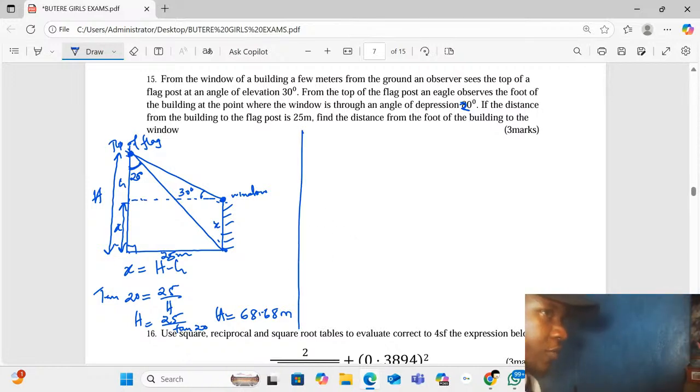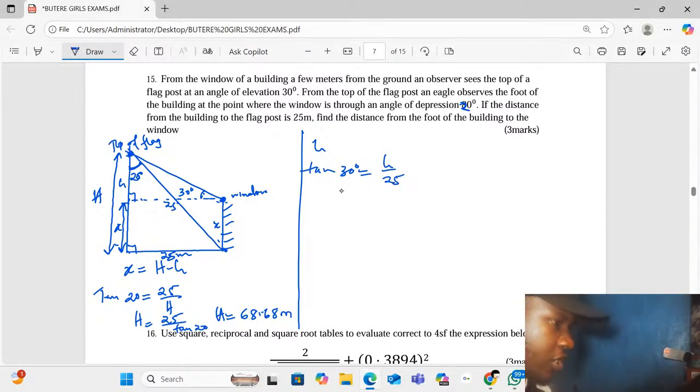We have this triangle. Now with 30 degrees, the opposite is h and the adjacent is still 25. From here to here is still 25. So tan 30 degrees is equal to h over 25.